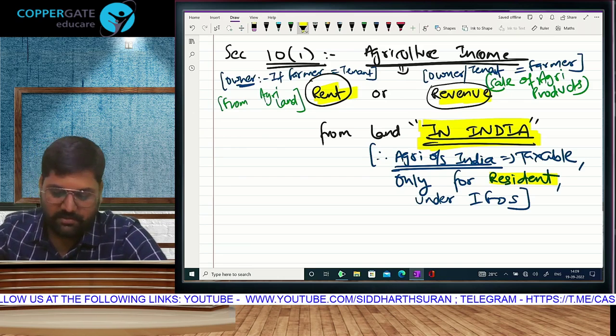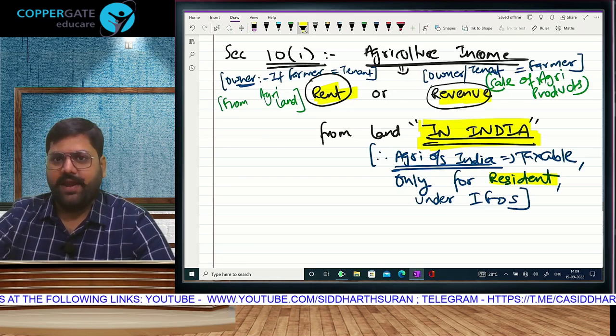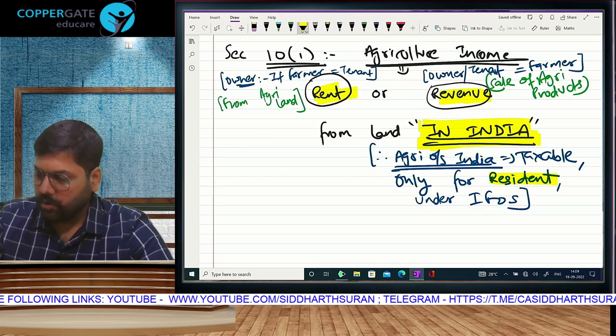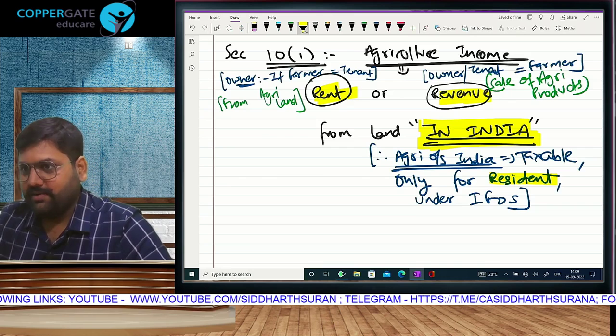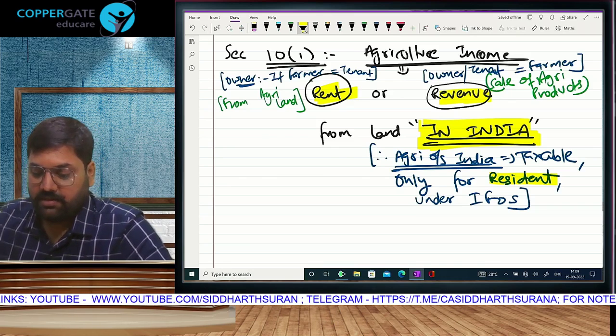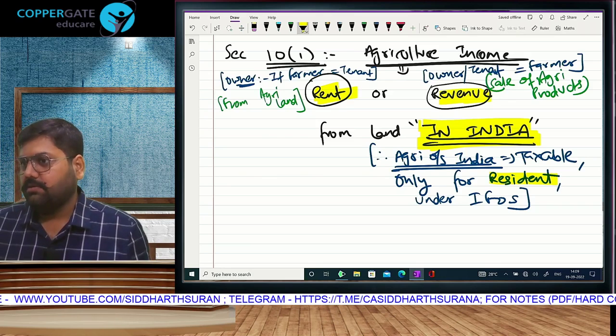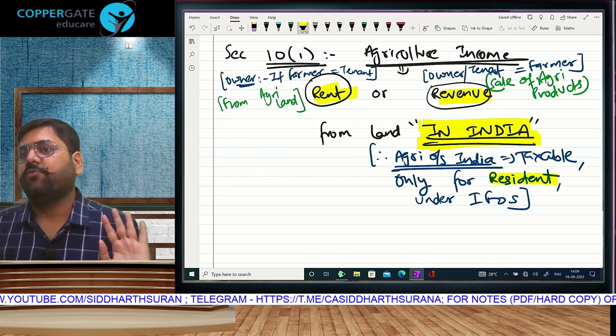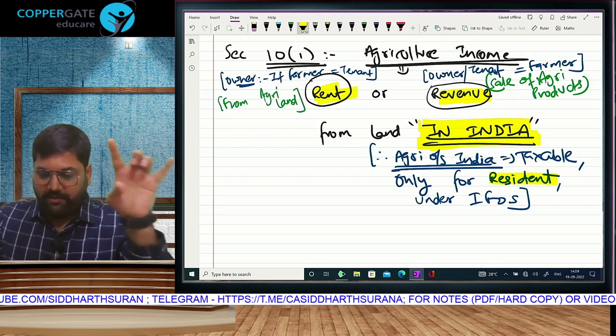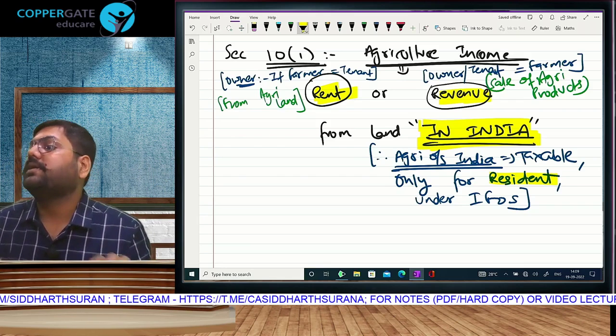Understood? So what is exempt? Rent or revenue, both, from an agricultural land. But if I strictly go by what is written in the section, what is written? Rent or revenue from land in India. Only that much. Everything in the surrounding is an explanation.